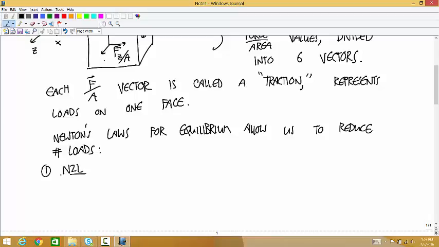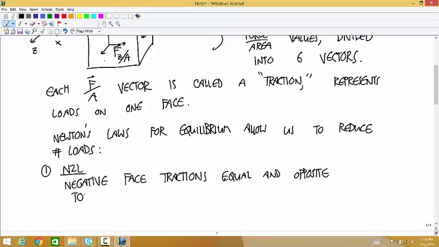First, Newton's second law, in order for that to be satisfied, the tractions on every negative face have to be equal and opposite to the traction on the positive face. So equal and opposite to the positive face tractions.